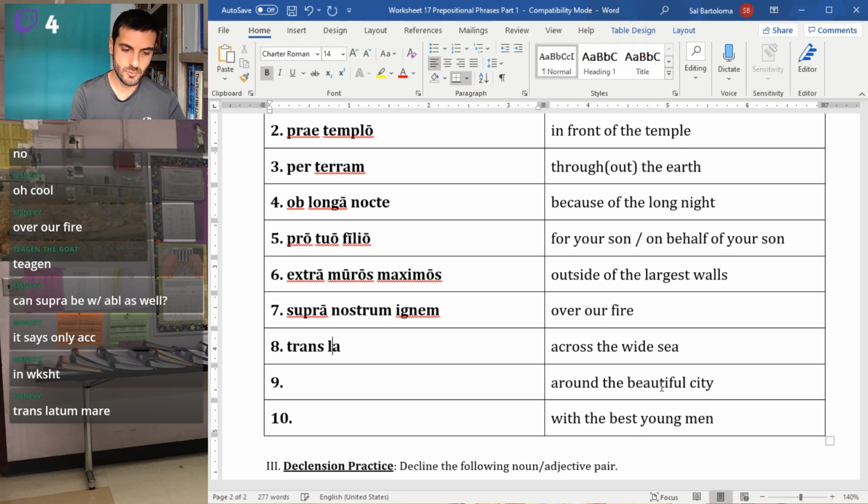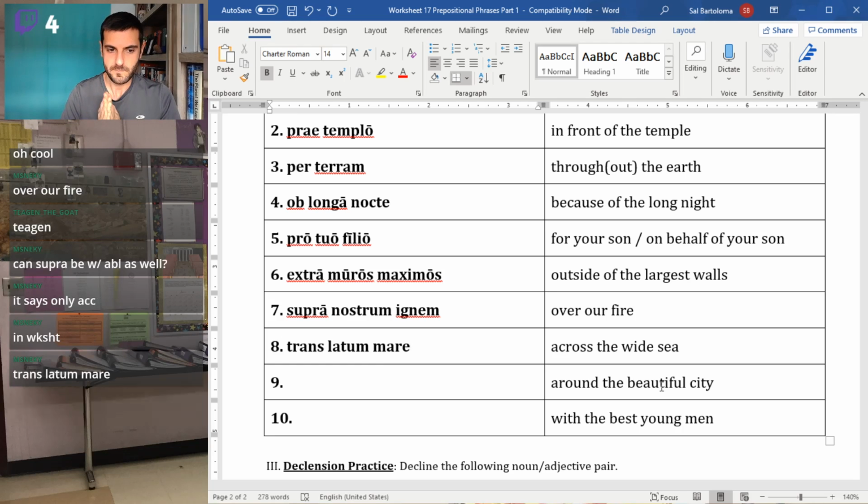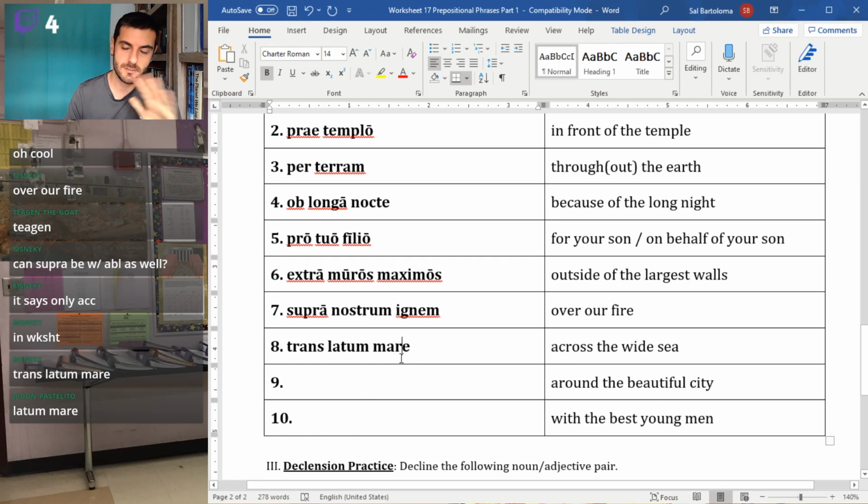Mare is neuter, so trans latum mare. Across the wide sea. Latum mare, right? The accusative of mare is mare. The plural of mare is a little weird. It's maria. If it was across the wide seas, it would be lata maria.